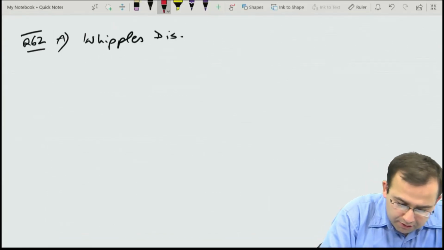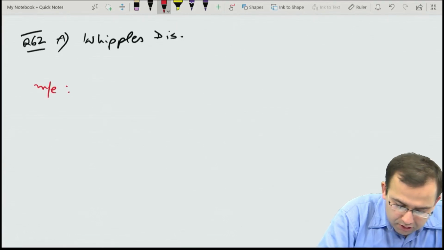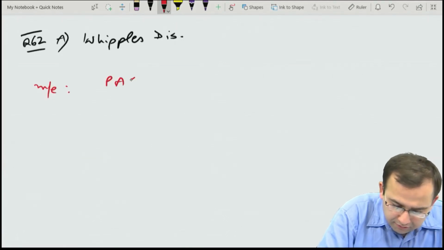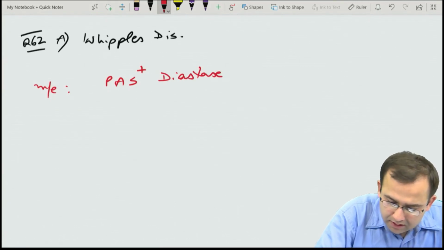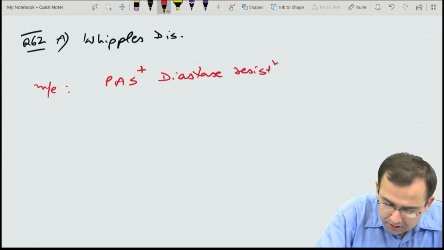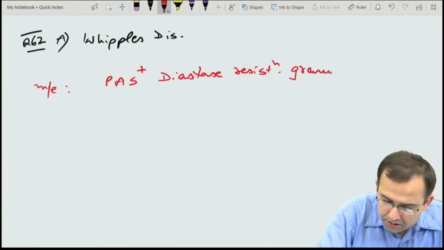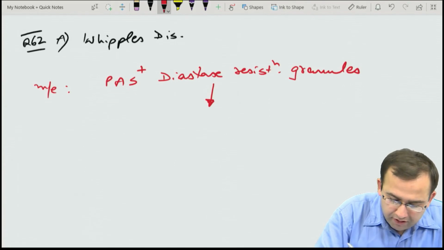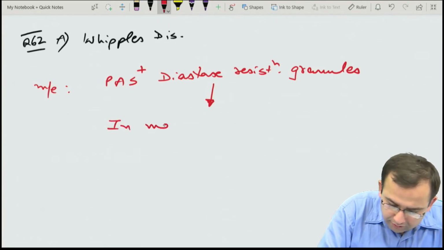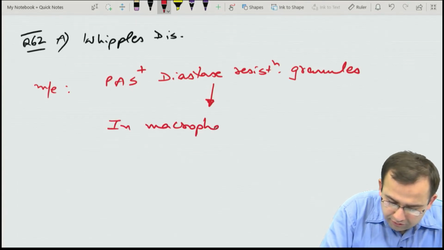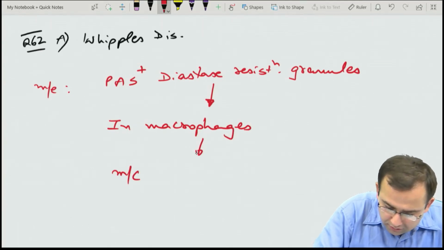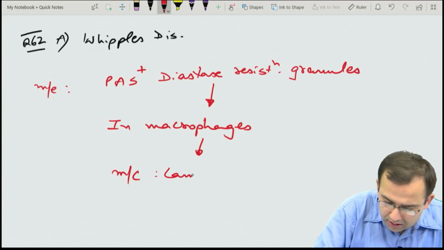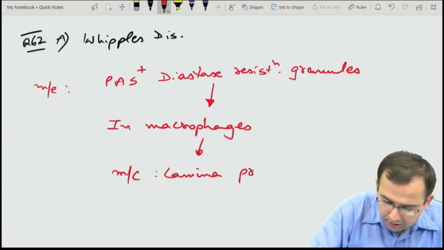Whipple's disease microscopically shows the presence of PAS positive, diastase resistant granules in macrophages, and the most common location of these macrophages is the lamina propria.